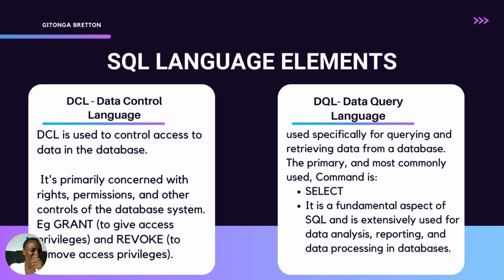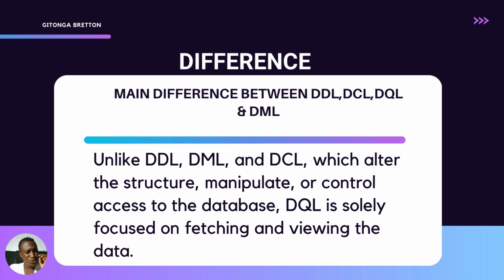But what is the key difference in these four, if you have keenly looked at what we have talked about? The biggest difference is that DDL, DML, and DCL alter the structure, manipulate, and control access to the database. But DQL is solely focused on fetching and viewing the data.